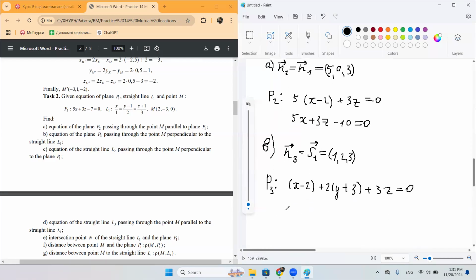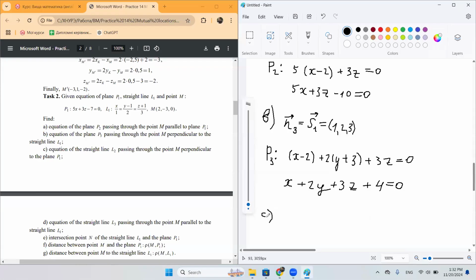So let's expand it. So x plus 2y plus 3z, so minus 2 plus 6 equals 4. So plus 4 equals 0. So found it.